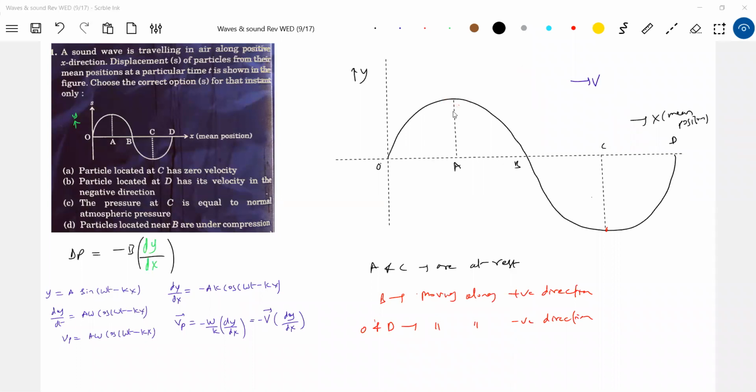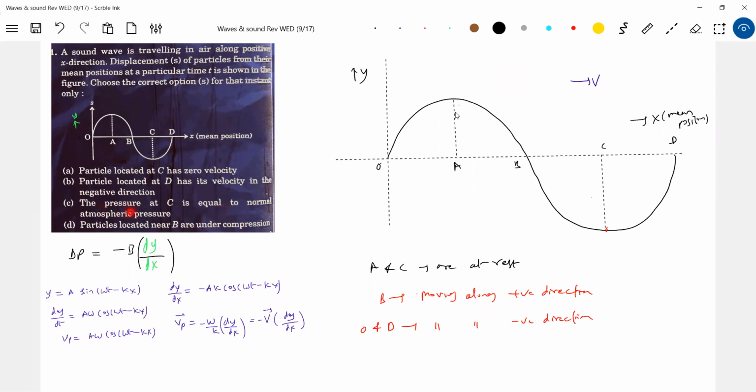At that instant, we are plotting at that instant, no? Say from the mean position, it is at the right, on the extreme point. So how do you measure y? Y will be towards the right. Okay.